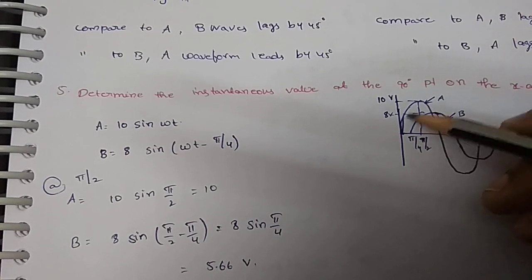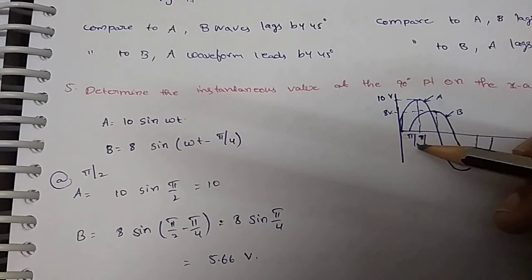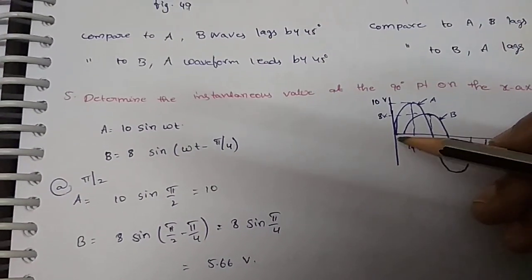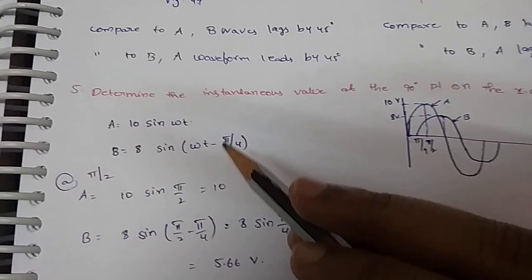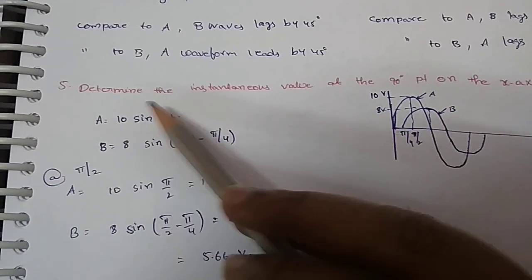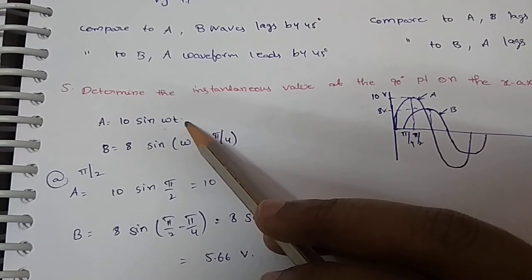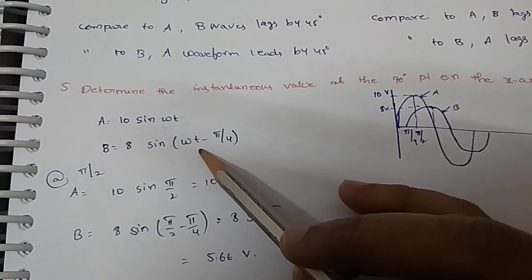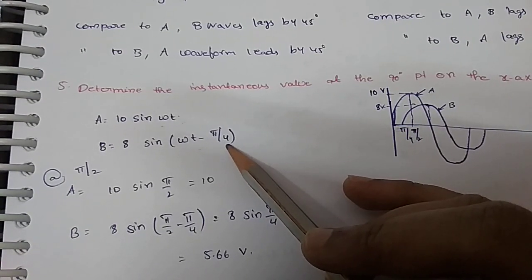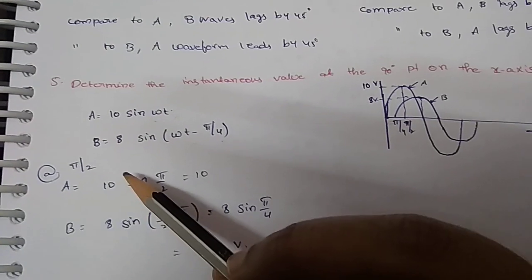From the picture itself I can tell there is a phase difference of pi by 4. A waveform is the reference axis, so for sine A there is no phase difference, but for sine B there is some phase difference. That means it is lagging, minus pi by 4.